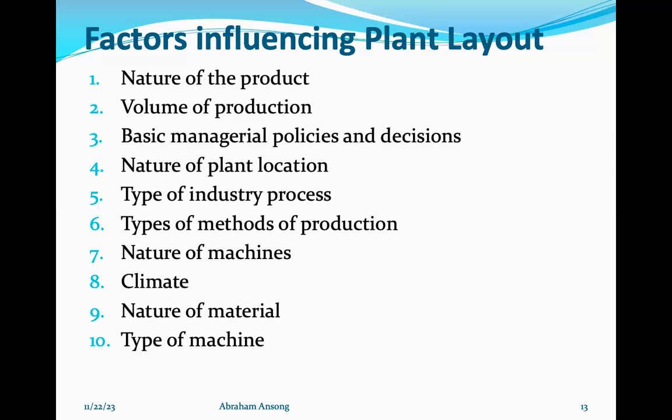Then types of methods of production, all right? So very close to the type of industry. So under job production, goods are produced according to the orders of customers, and therefore specifications vary from customer to customer, and the production cannot be standardized, all right? So the machines and equipment can be arranged in a manner to suit the need of all types of customers.